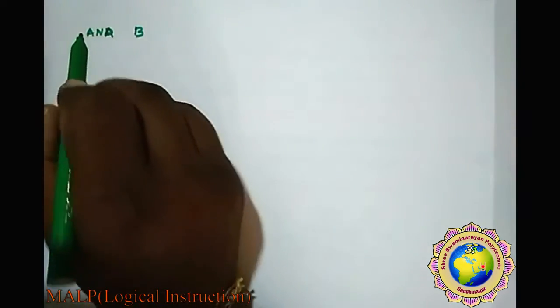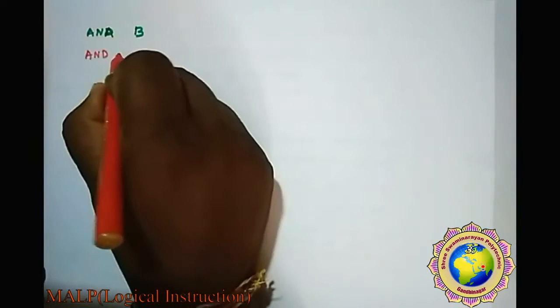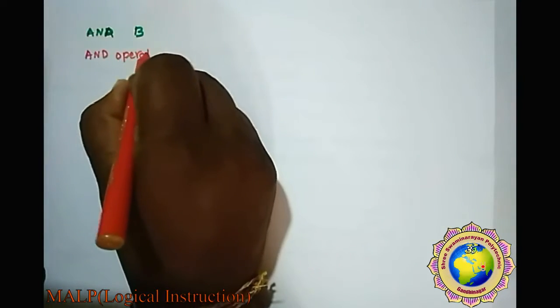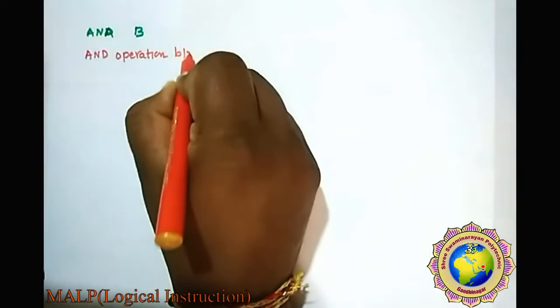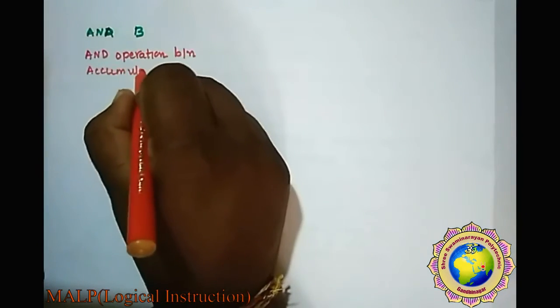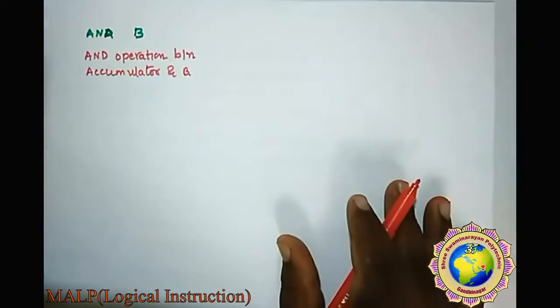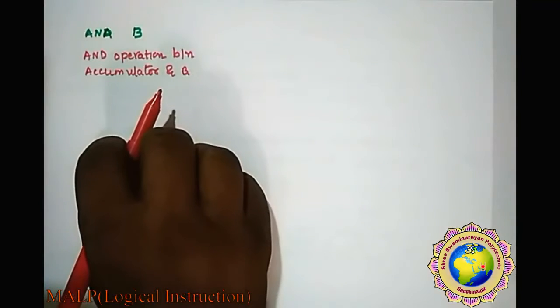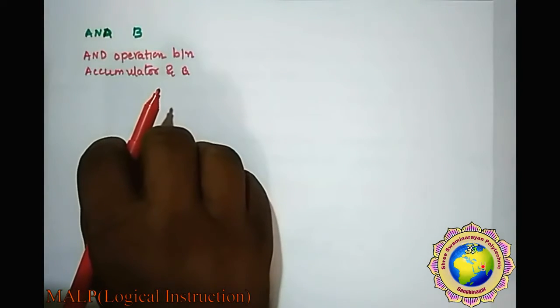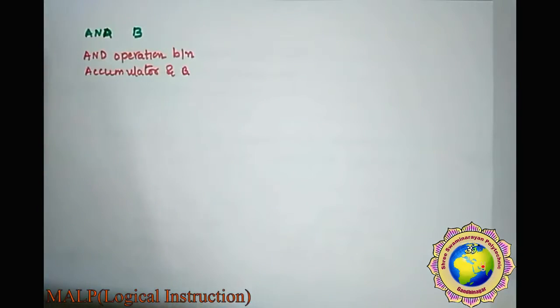Okay, so what does it perform? It performs AND operation between accumulator and B. It performs the AND operation between accumulator and B. Now suppose we are going to explain with an example.